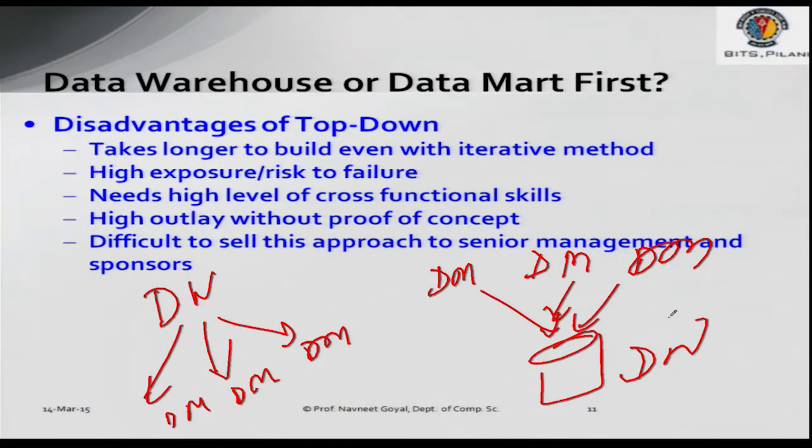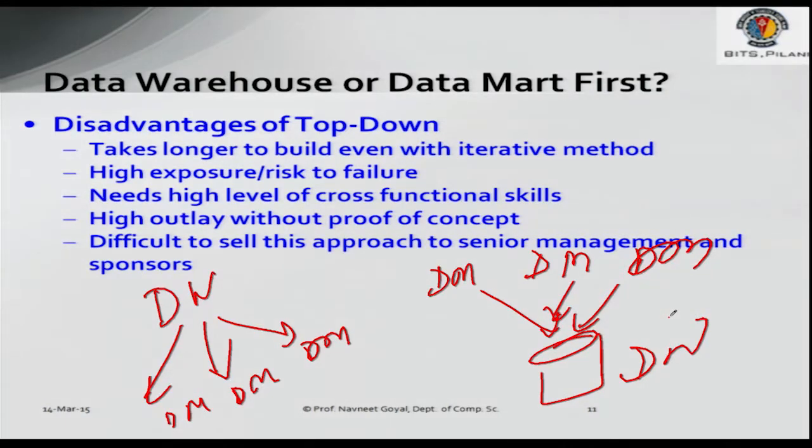Disadvantages of top-down: it takes longer to build even with the iterative approach, and there is a high risk of failure because it's a long drawn-out and very resource-intensive project. We are not very sure about what we are doing, and it needs a high level of cross-functional skills because you are trying to take into account each department and each business process.